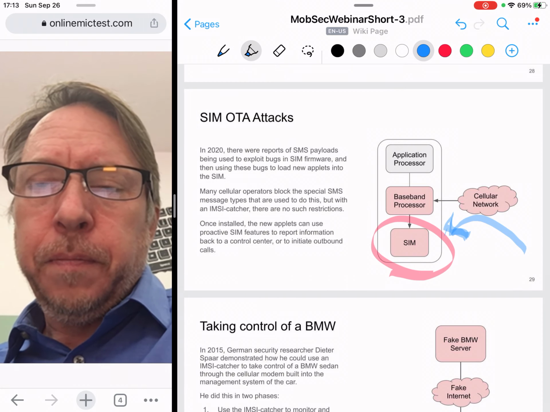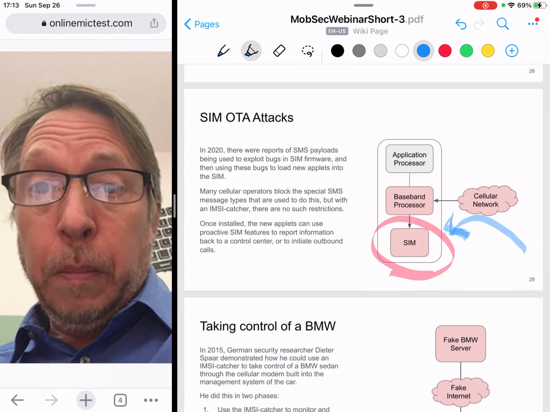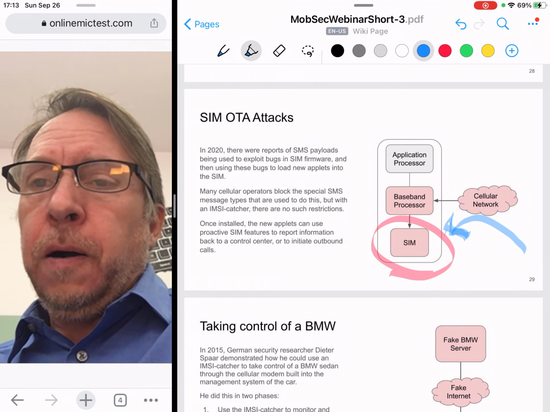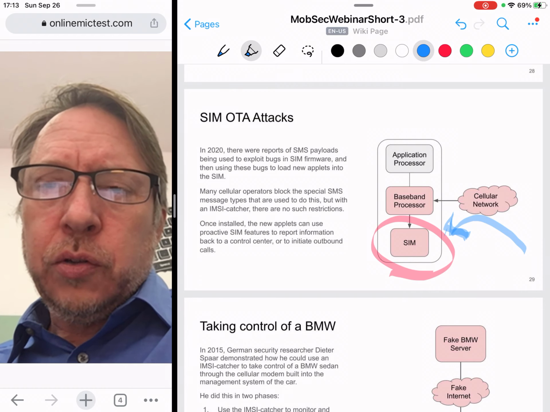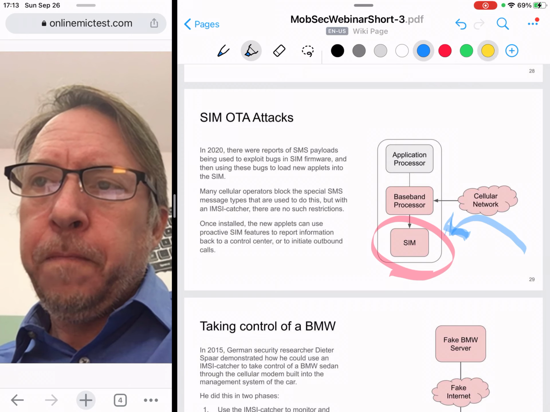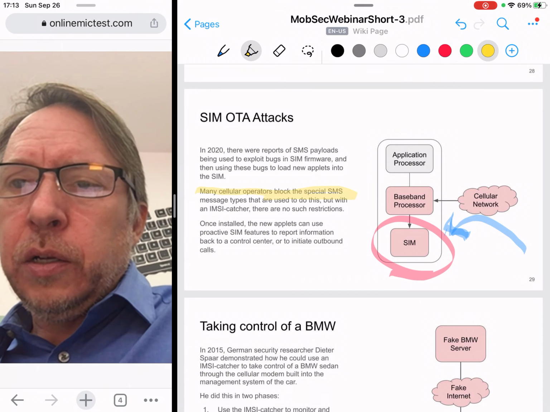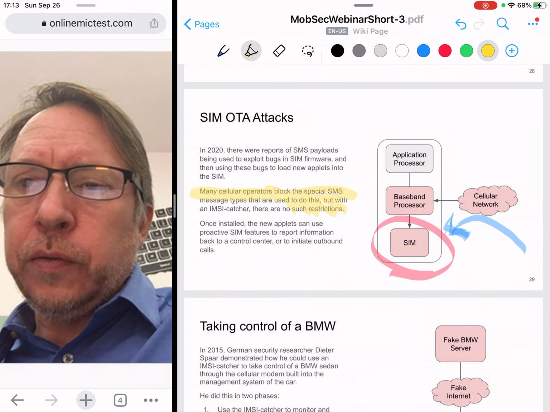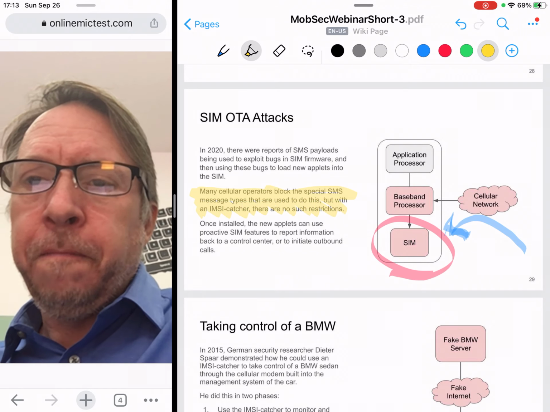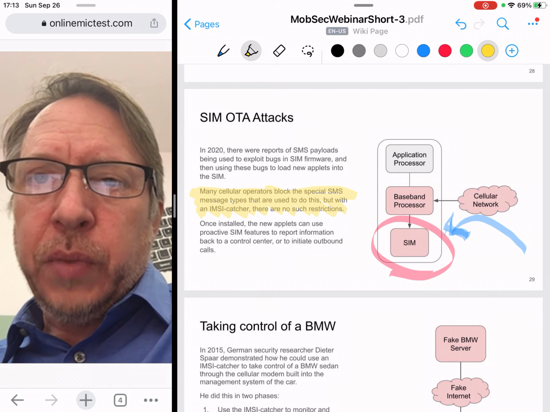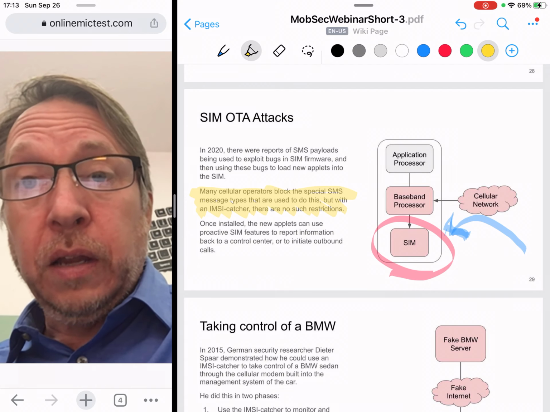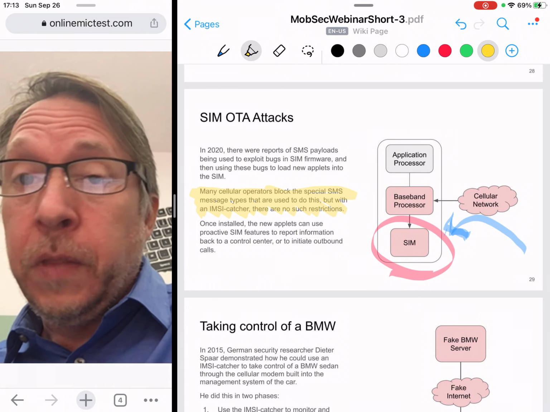Doing this through the public network is often not possible because many cellular operators, for very good reason, block these types of messages. But if you're doing this through an IMSI catcher, you don't have to worry about that. You can send anything you want to the phone, and the phone doesn't know the difference.